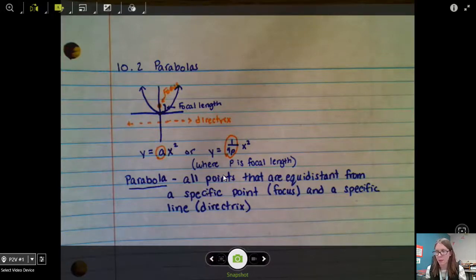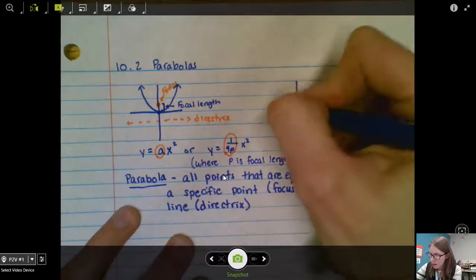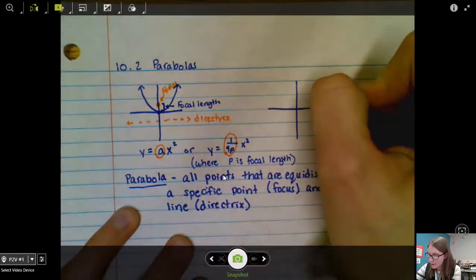All of the parabolas that we've seen in our past have been vertical. All of the parabolas we've seen have been functions. They're straight up and down. This chapter, we are also going to learn about our sideways parabolas.